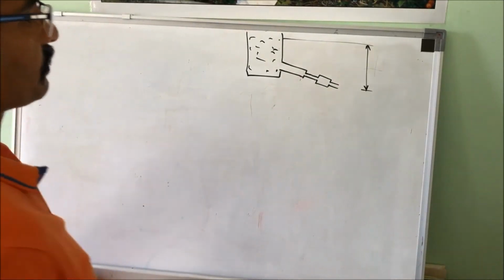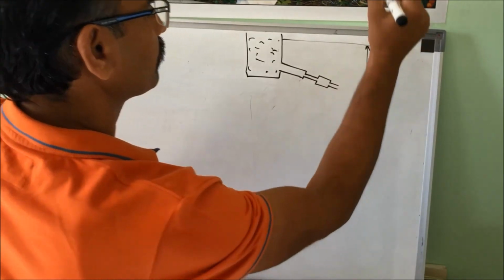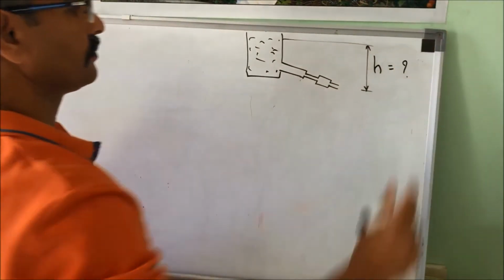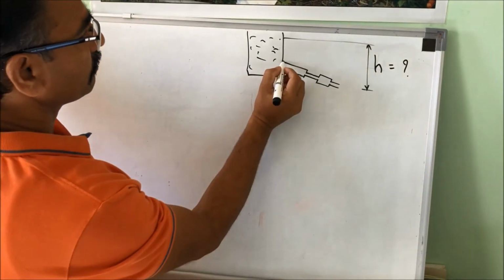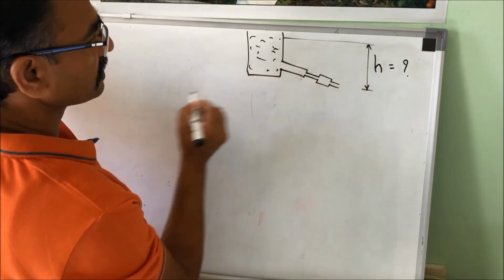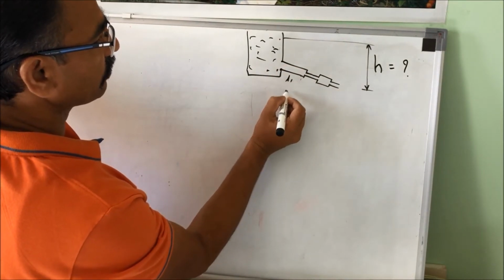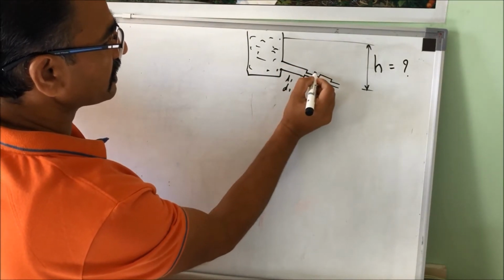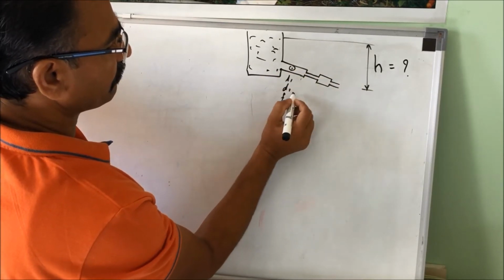So how to solve this problem? It is asked to find the total head loss. First it is asked to consider this head loss. This is pipe number 1, which has length L1 and diameter D1, and friction factor F1.